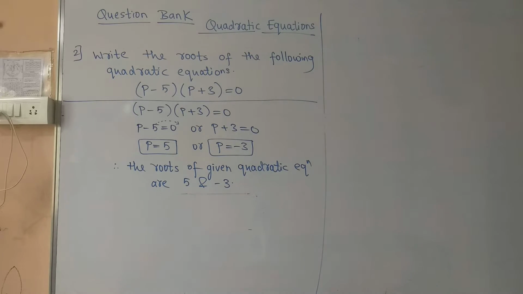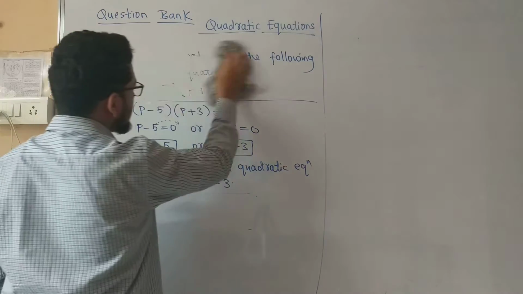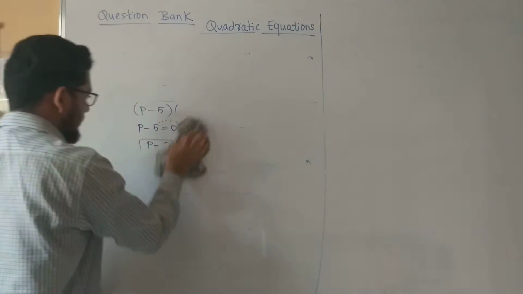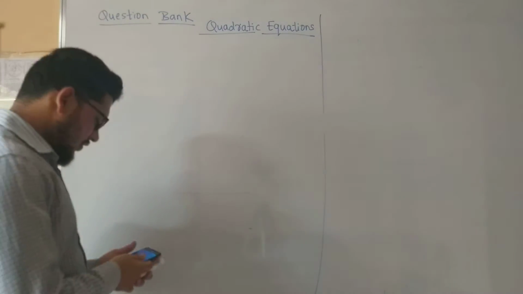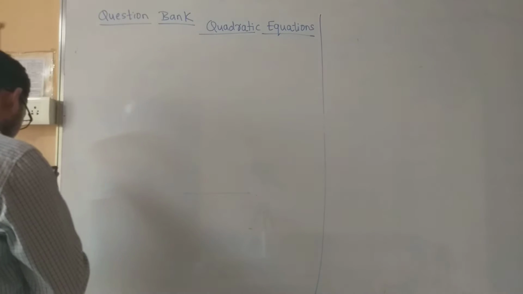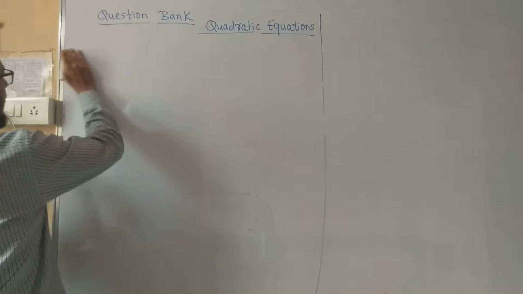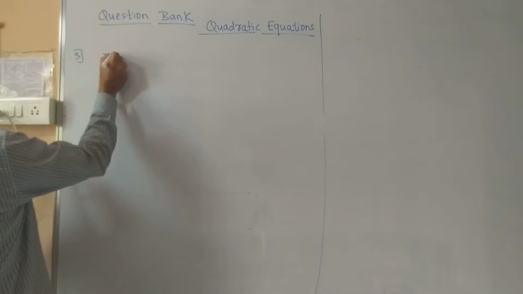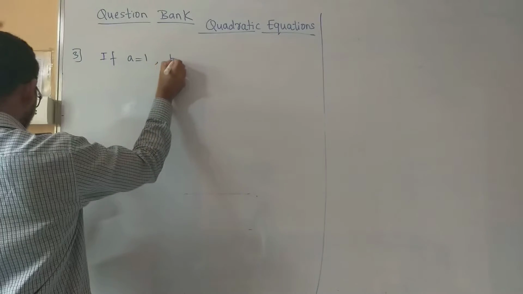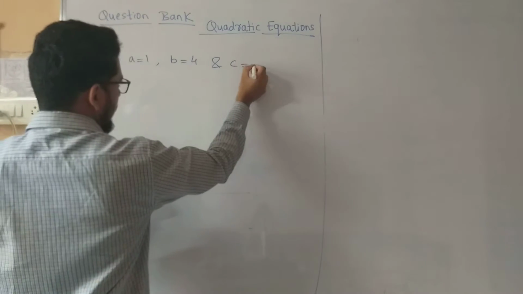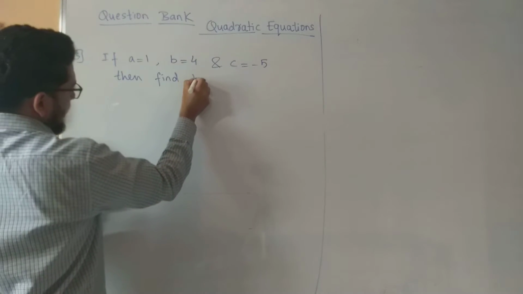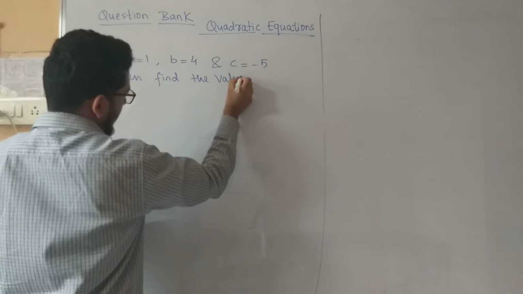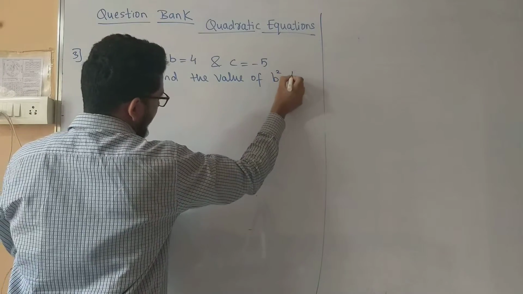Now we'll come to the third example. The third question: if a equal to 1, b equal to 4 and c equal to minus 5, then find the value of b square minus 4ac.